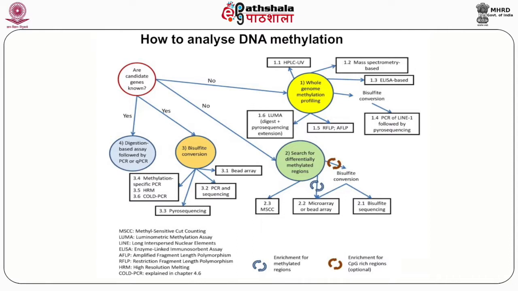All of the currently available techniques for analyzing DNA methylation are based on one of three techniques. First, bisulfite conversion. Second, digestion with methylation-sensitive restriction enzymes. And third is affinity purification of methylated DNA.